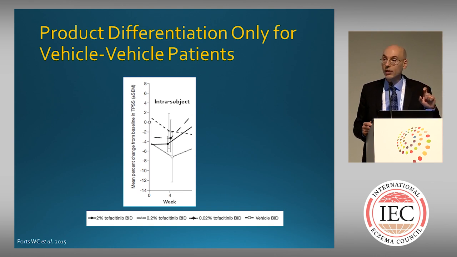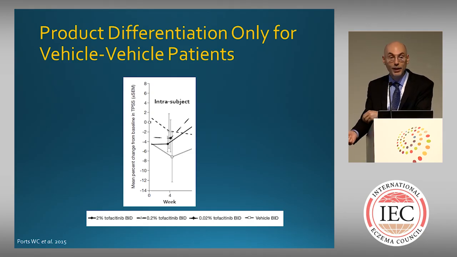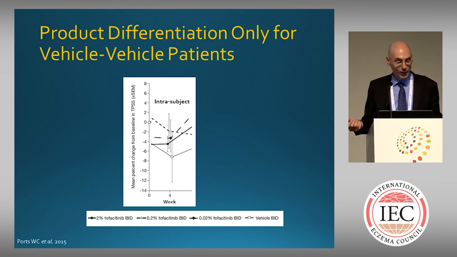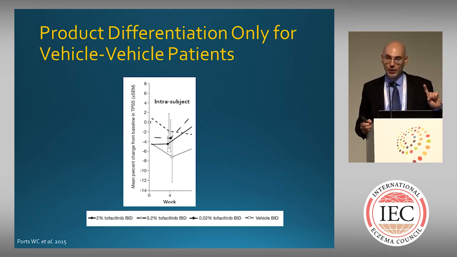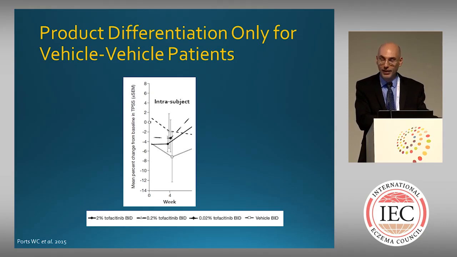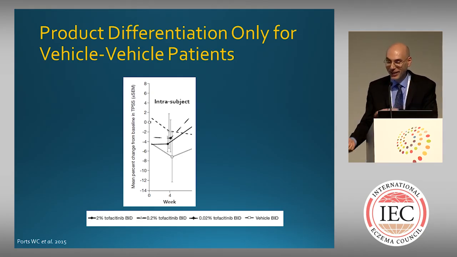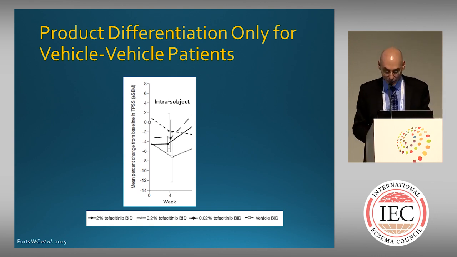However, there were biopsies in that study, and when the biopsies were analyzed, Pfizer found presence of drug in many patients on the vehicle side. What did they do? We don't know. Did they mix up A and B? Did they say, well, I want to get better, so I'll put it all over? Or even worse, did patients who saw a good improvement on lesion A say, oh, the A works, so I'll use it on area B? We don't know.